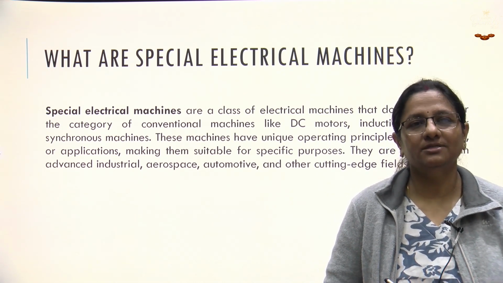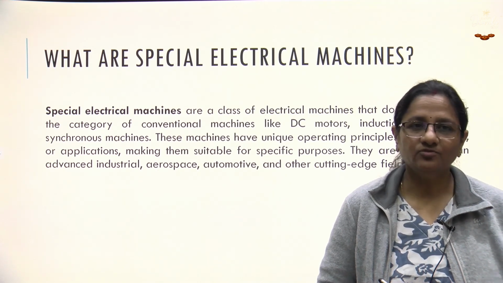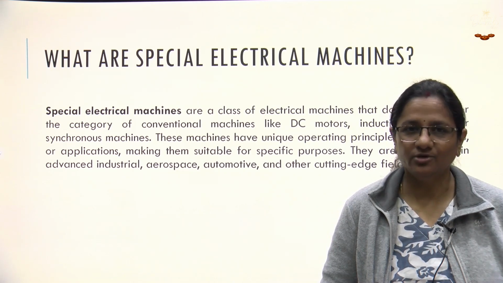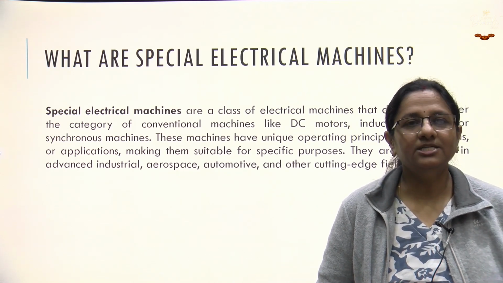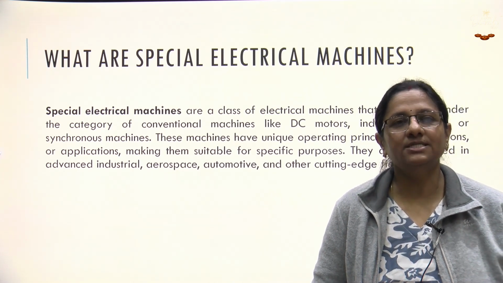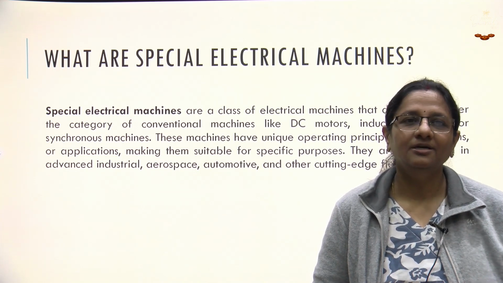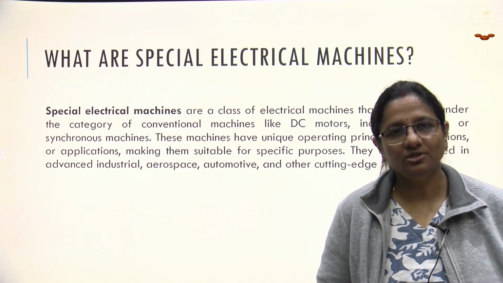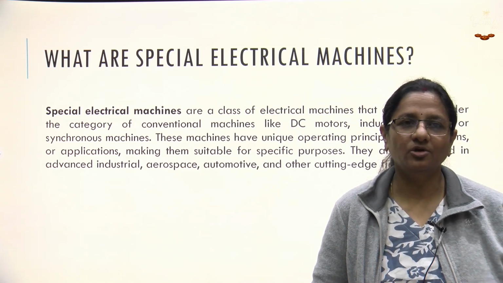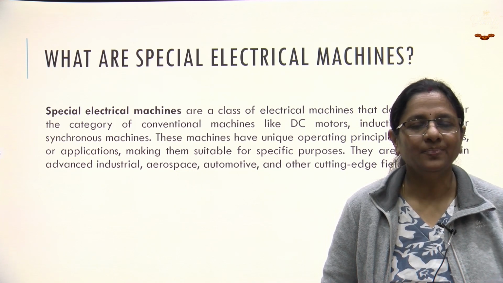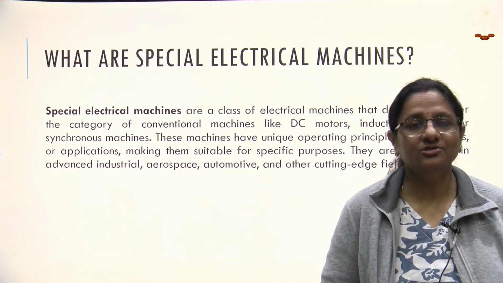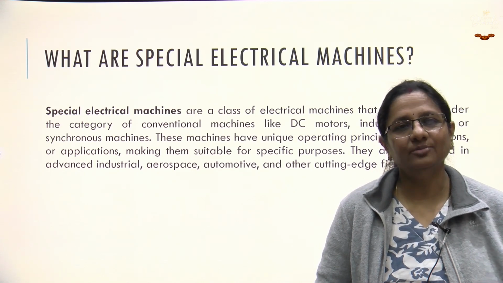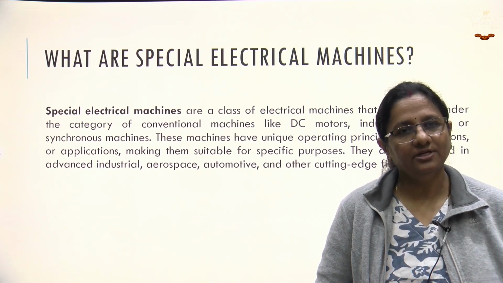In the subjects of Electrical Machines 1 and 2, what you have studied was the DC machines, DC motors, DC generators, transformers, and besides this, during the fifth semester in Electrical Machines 2, you have studied the induction machine and the synchronous machine. So, majorly induction motor, only an introduction of induction generator principle, then synchronous machines, synchronous generators as well as synchronous motors, and besides this, the single phase machines.